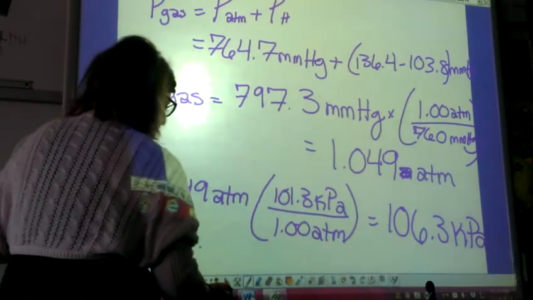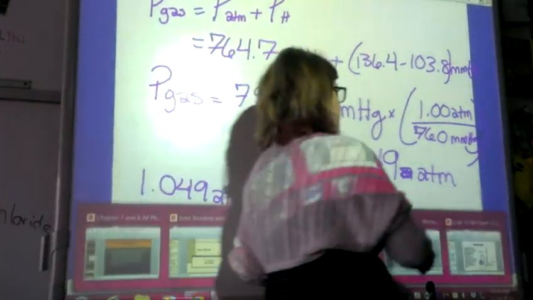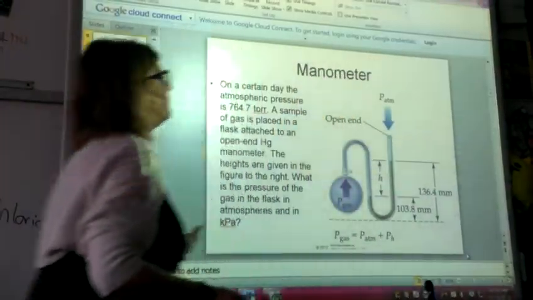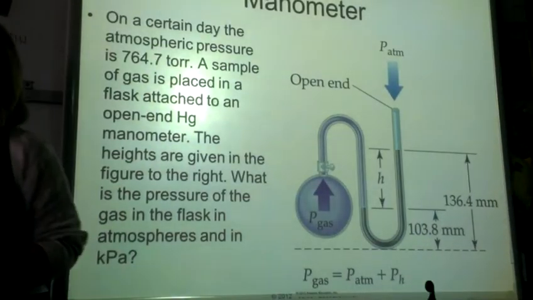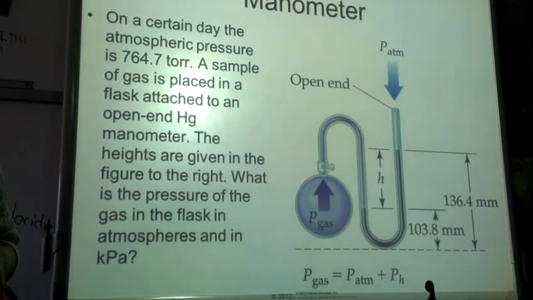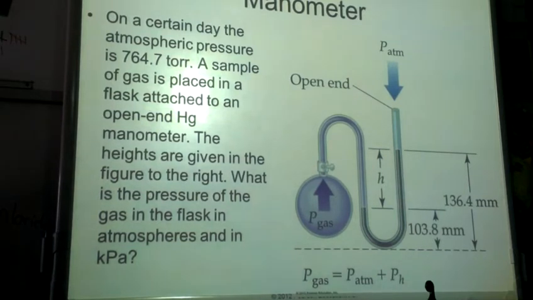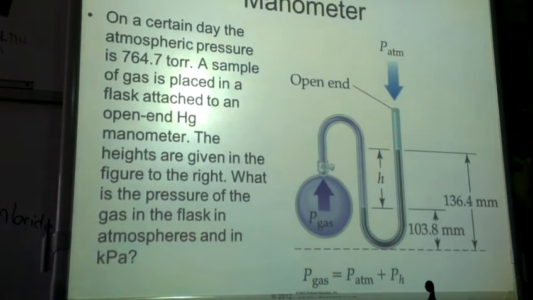Perfect. So I've not seen a question doing mathematical things with a manometer. I think for the most part they just want you to know what it is, kind of how it works. But just in case, I want you to know that equation that's down below there with it, okay?